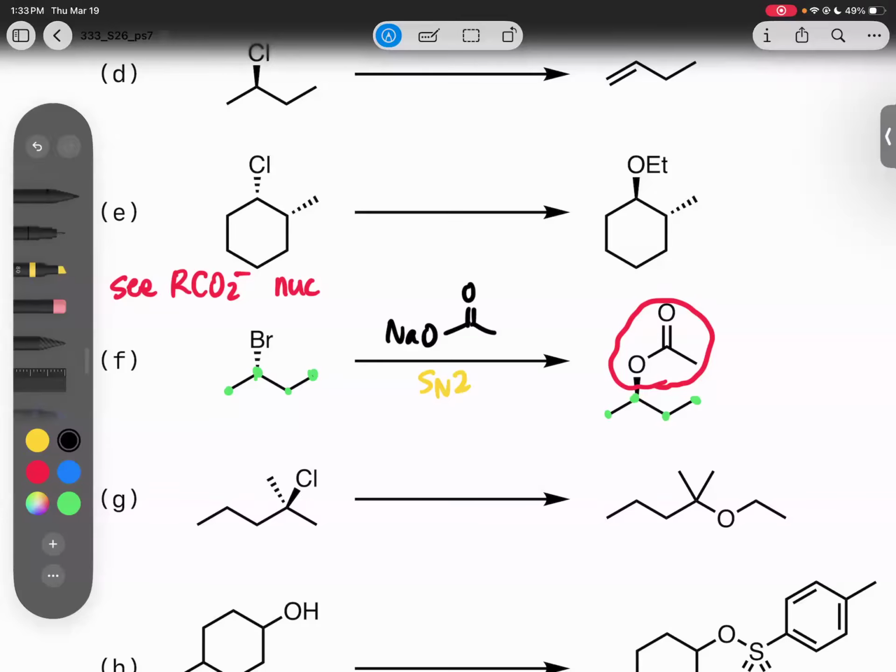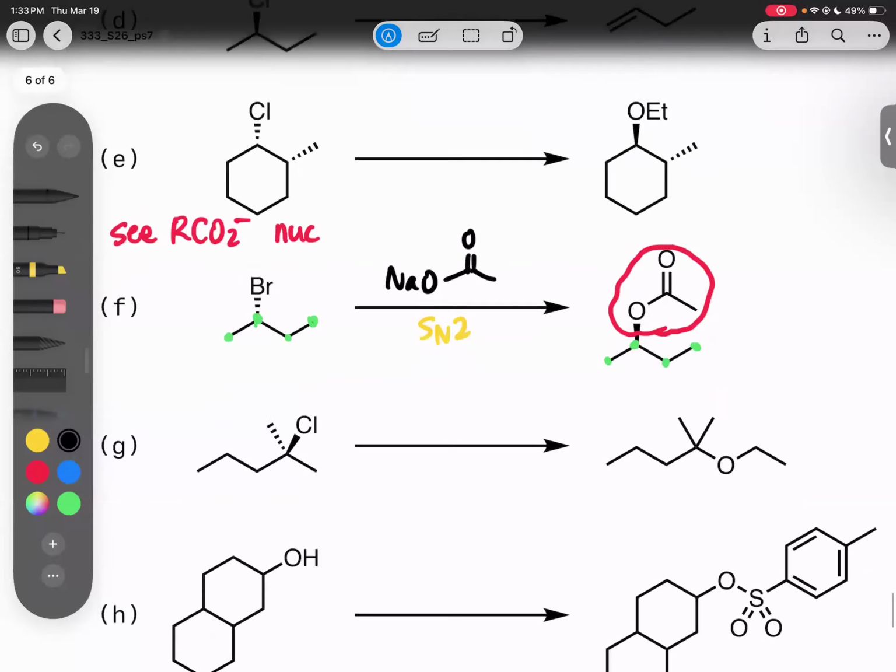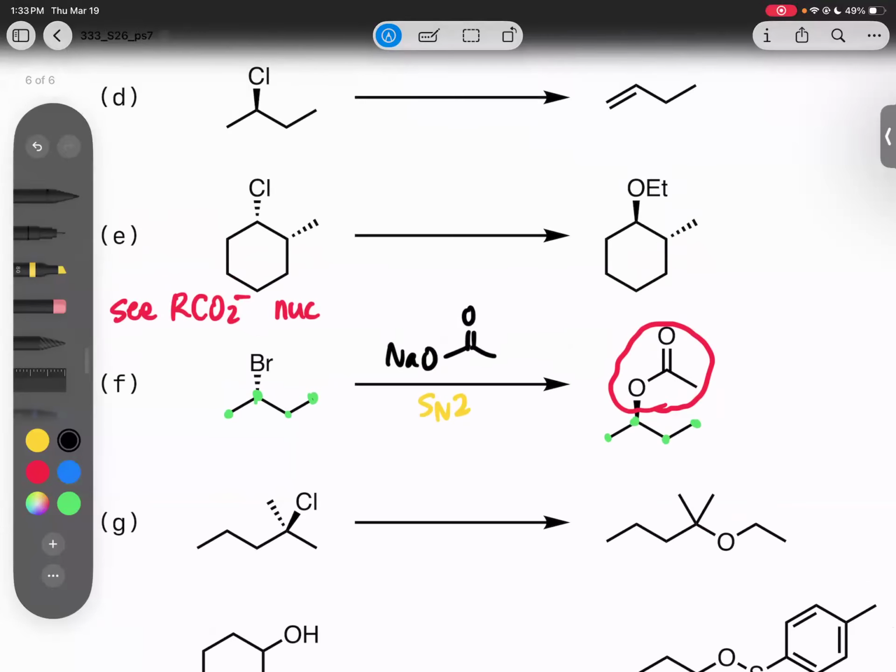So which answer would you want for the? Oh, I didn't draw the mechanism, did I? Did I ask to draw the mechanism? No, I didn't. Sorry. Yes, proposed reagents. So I would just be looking for that. So that or that's fine as well.